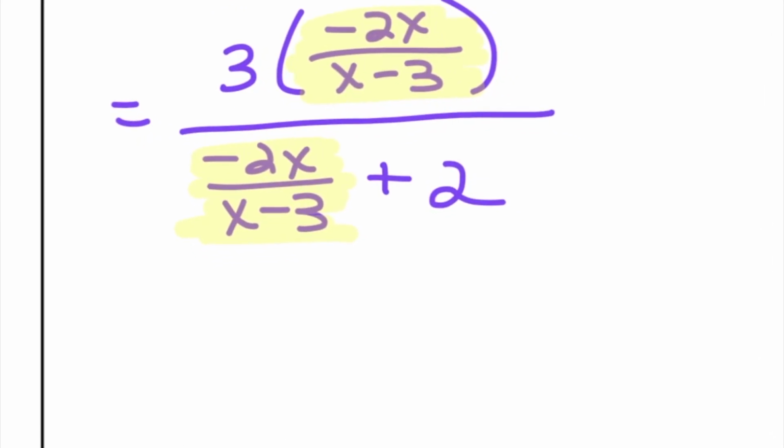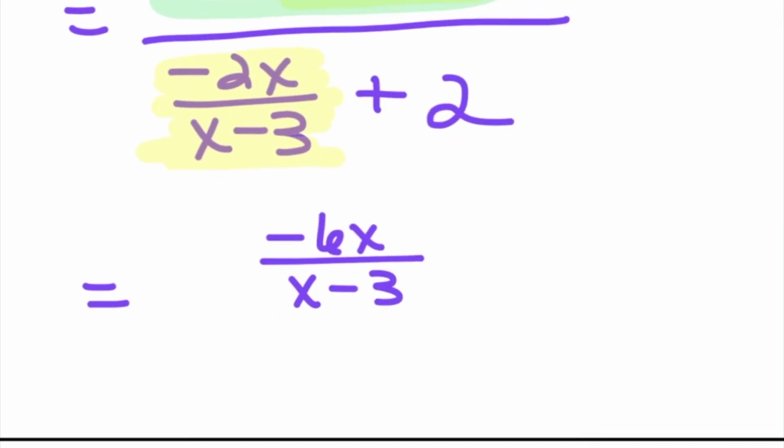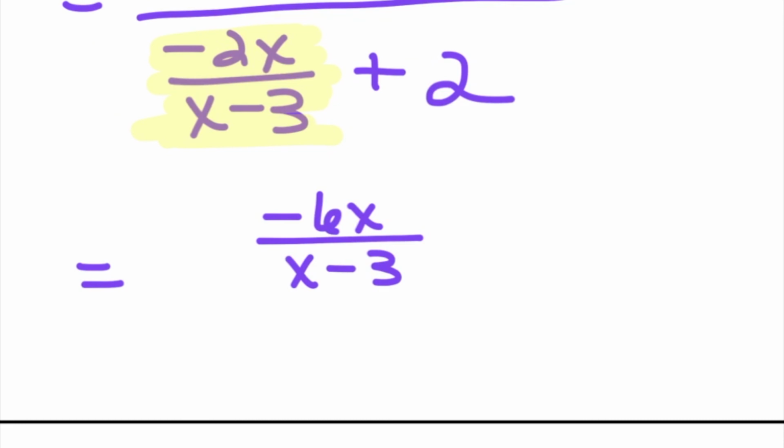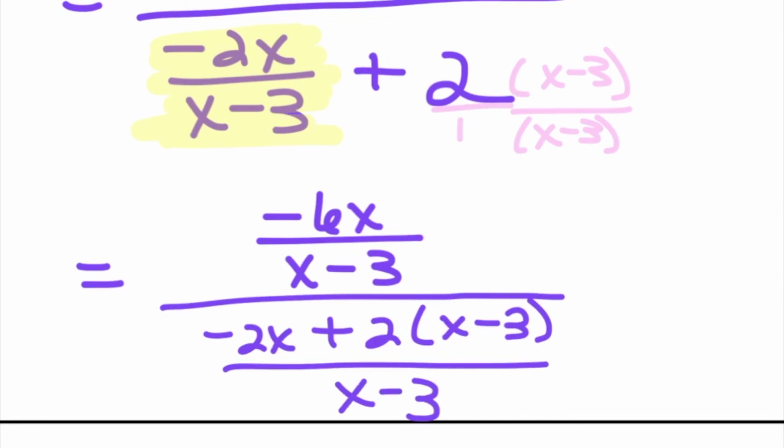So I'm going to start with the numerator, and I'm going to multiply 3 times negative 2x, and I get negative 6x over x minus 3. And then I'm going to take the 2. I want common denominators, and so I'm going to multiply by x minus 3 over x minus 3, so that I have negative 2x plus 2 times x minus 3, all over x minus 3.